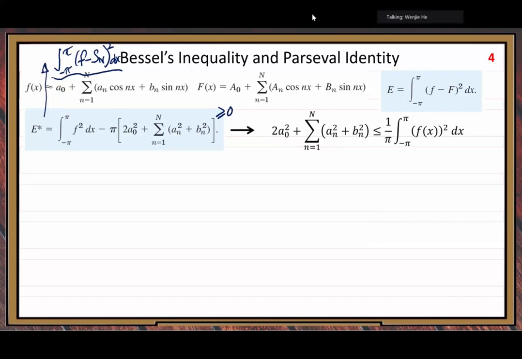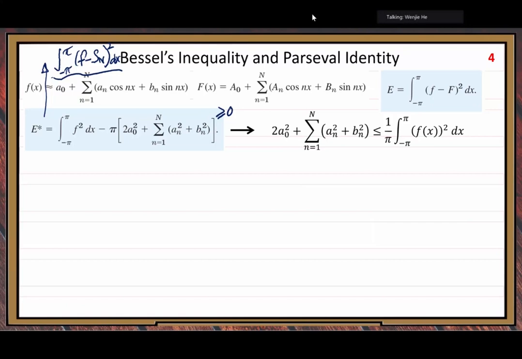We have the inequality, but the difference between the left-hand side and right-hand side becomes smaller and smaller. Now the question is, when we make capital N go to infinity, what will we get?